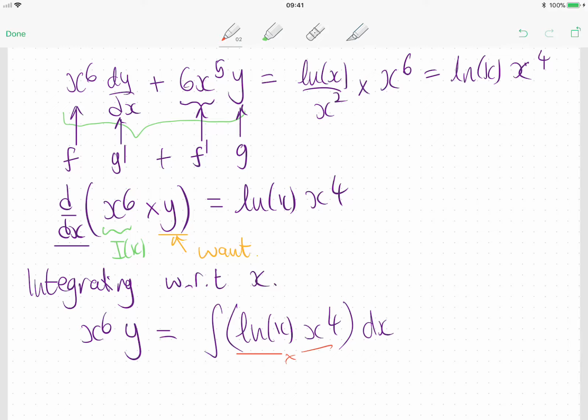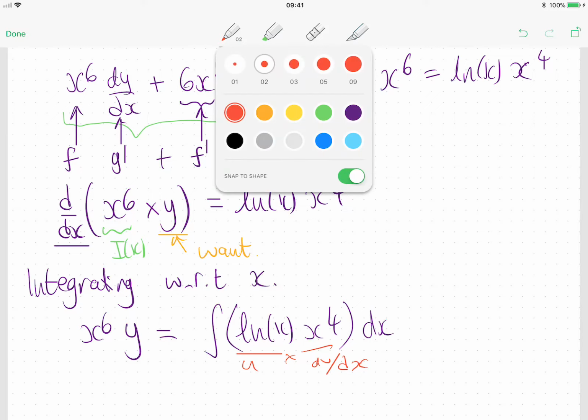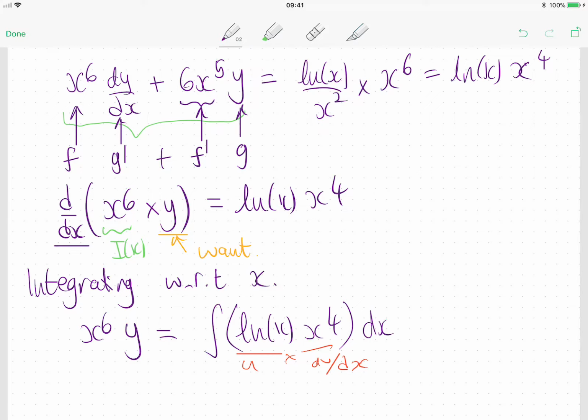With a little bit of thought, we should use parts and we should label log x as u and x to the power 4 as dv/dx.